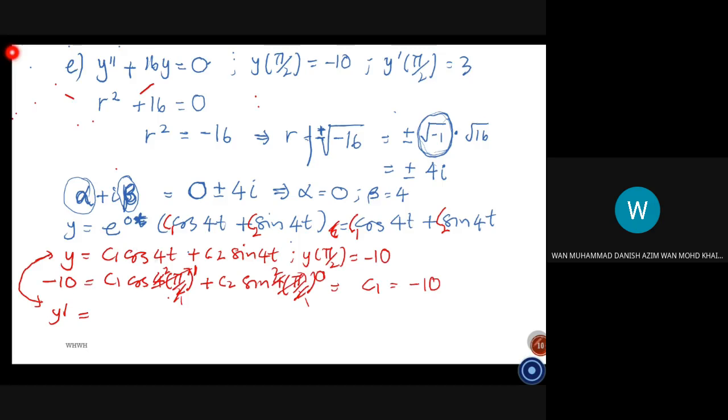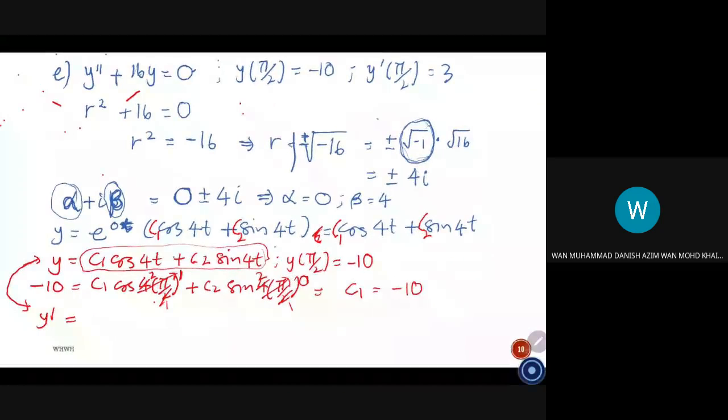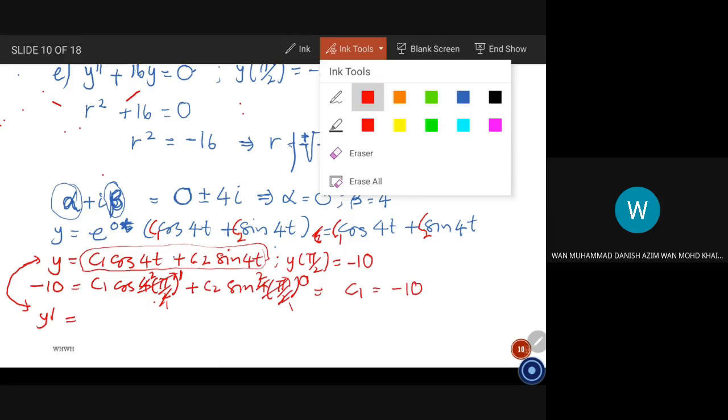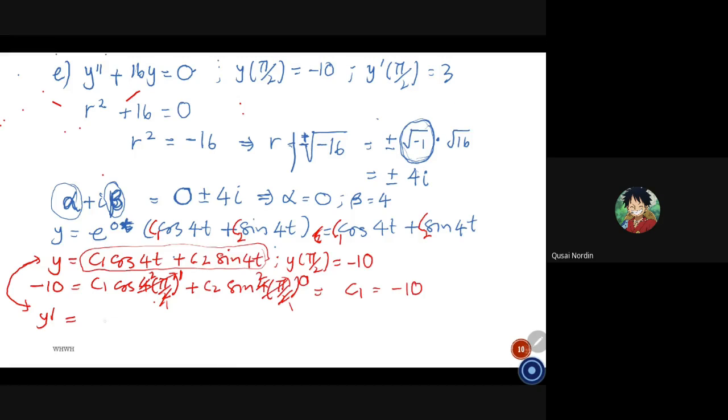Okay, so differentiate cos, what do you get, class? We differentiate C1 cos 4t plus C2 sin 4t. Differentiate cos, we get sin. Positive or negative sign? Negative.